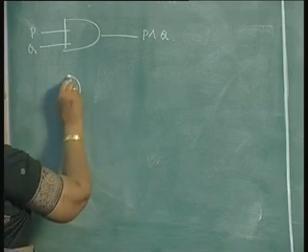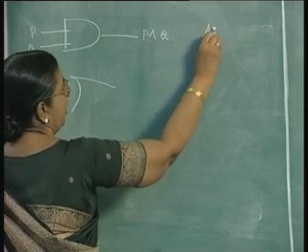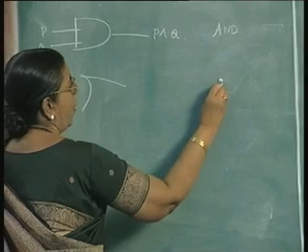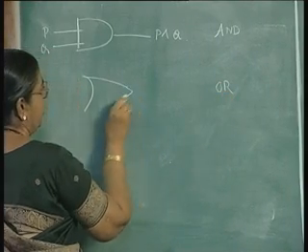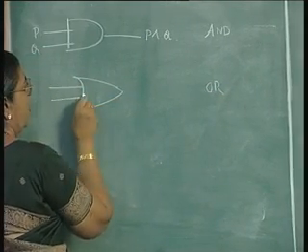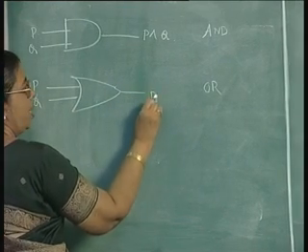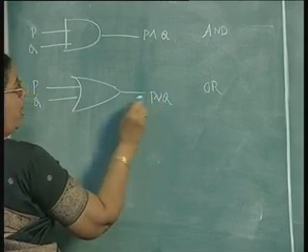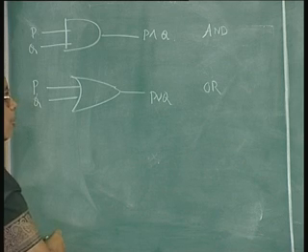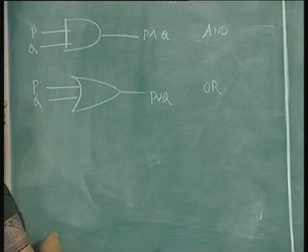An OR gate is represented like this. There will be two inputs P and Q, and the output will be P or Q. It will be 0 when both P and Q are 0.